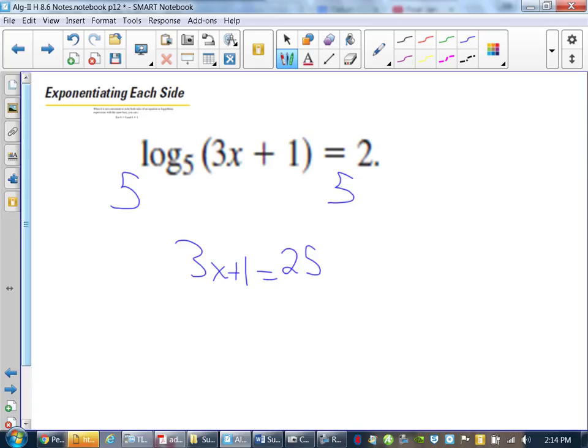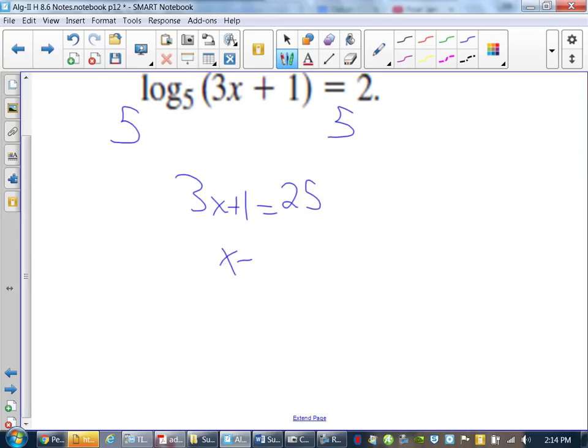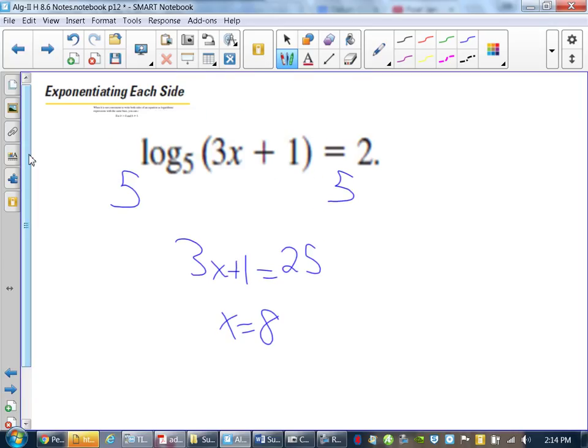There you're back to a quick linear equation. Nothing too fancy. Subtract 1, divide by 3, and you get 8. So go back and check it again. 3 times 8 plus 1 is 25, so log base 5 of 25.